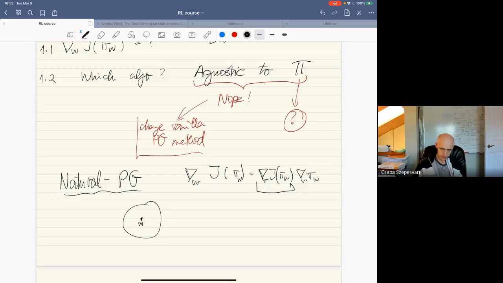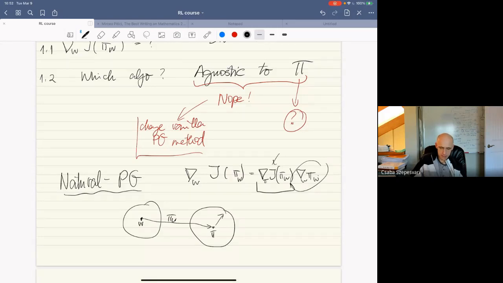You're in this W space. It is your W, and then it maps to this policy pi. So this is the pi_w parametrization. And here, this J function is giving you a direction, and then you can try to map it back. One way of mapping it back is this chain rule, but there could be other ways.